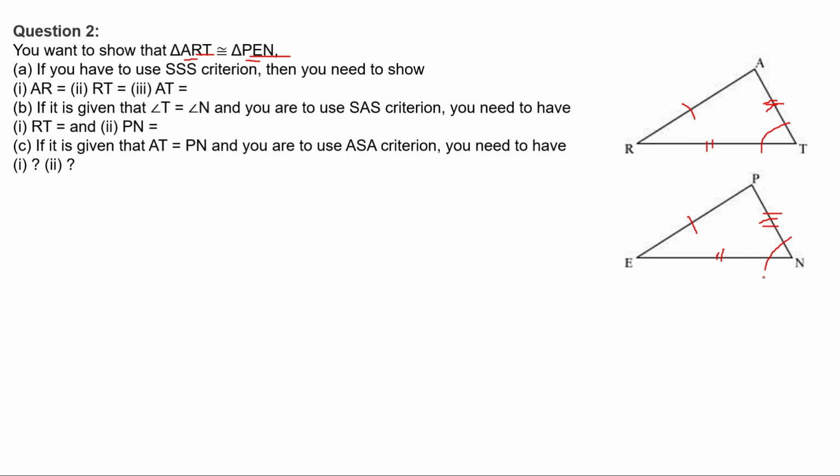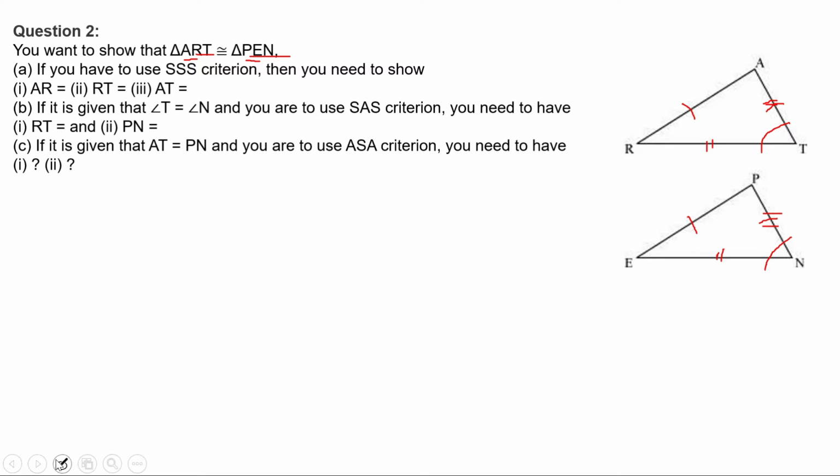So with the criteria SAS, which two other sides are equal? RT is equal to what? Definitely RT is equal to EN, and PN is equal to AT. Okay, these are the corresponding sides when angle T is equal to angle N.